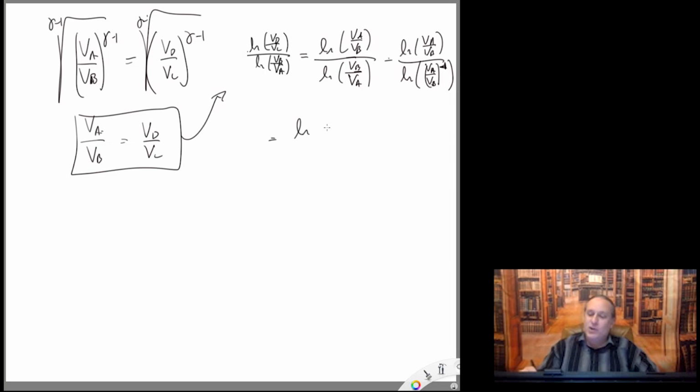So this is a natural log of VA over VB divided by minus the natural log of VA over VB. And so the natural log stuff now cancels out, and we just get -1.